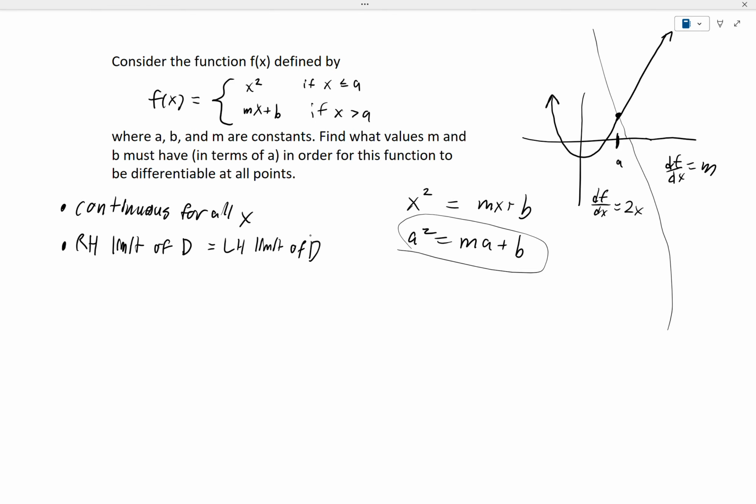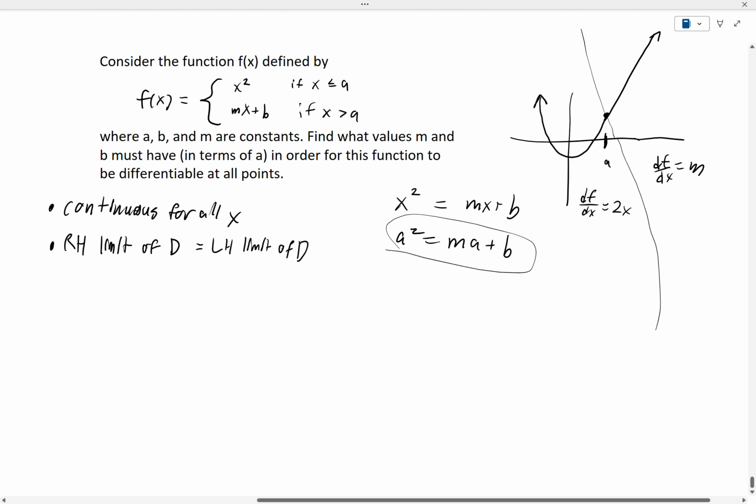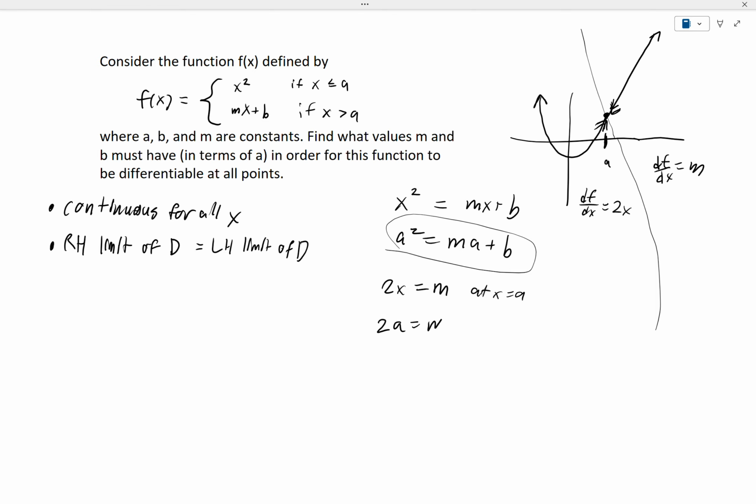They need to be equal coming from either side, as they approach that value of a. So we can say that 2x is equal to m. We're setting the derivative from the left side equal to the derivative of the right side at x equals a. So just plug in a: 2a needs to equal m.